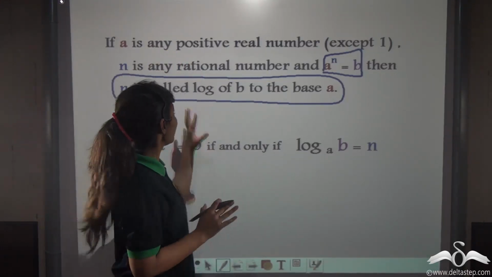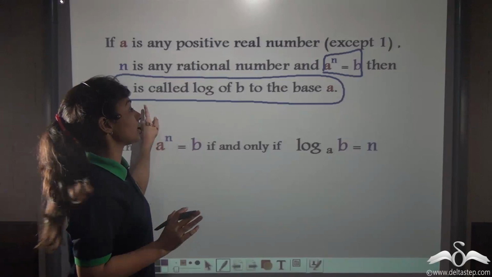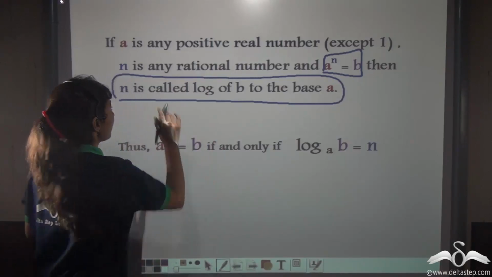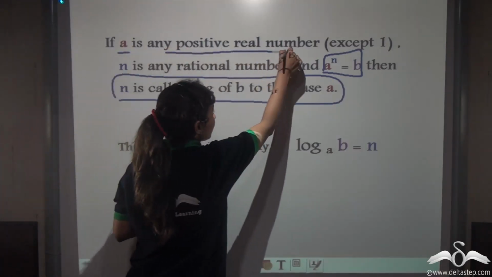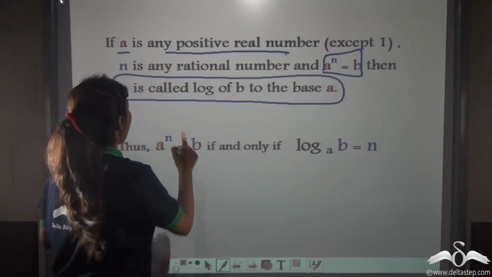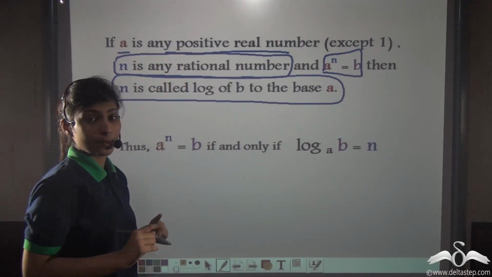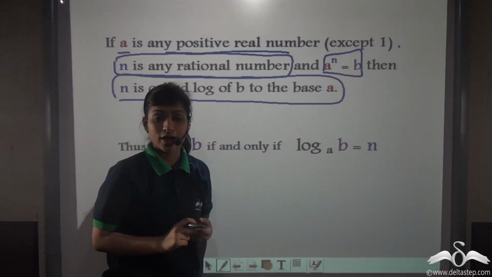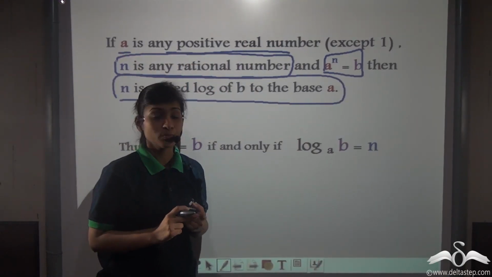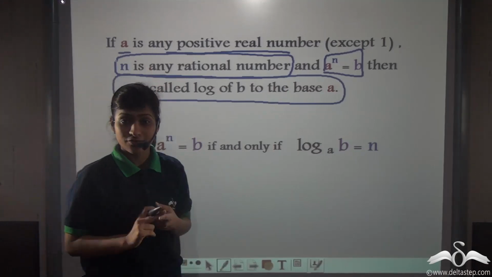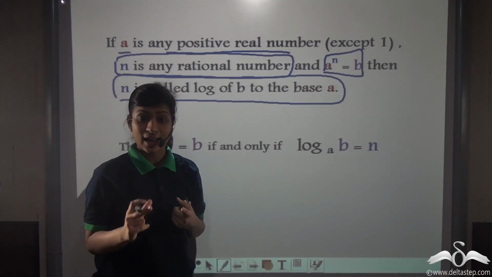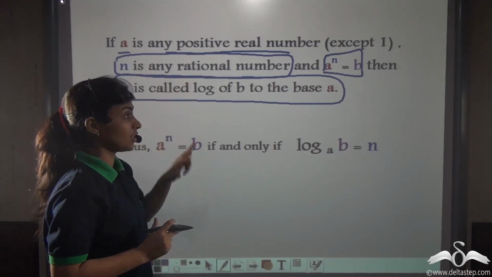So if a is 1, then it does not hold. That is, the log does not hold. So always a should be any positive real number except 1 and n should be any rational number. So always remember this. Whenever we will do any calculation for log, we will always assume that a is any positive real number except 1 and n shall be any rational number.